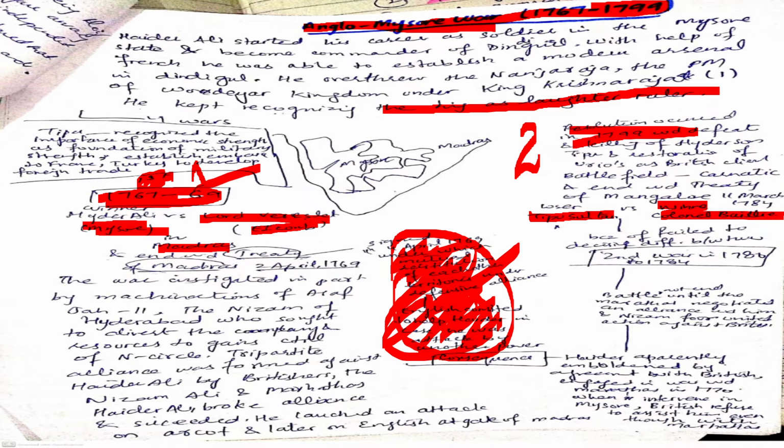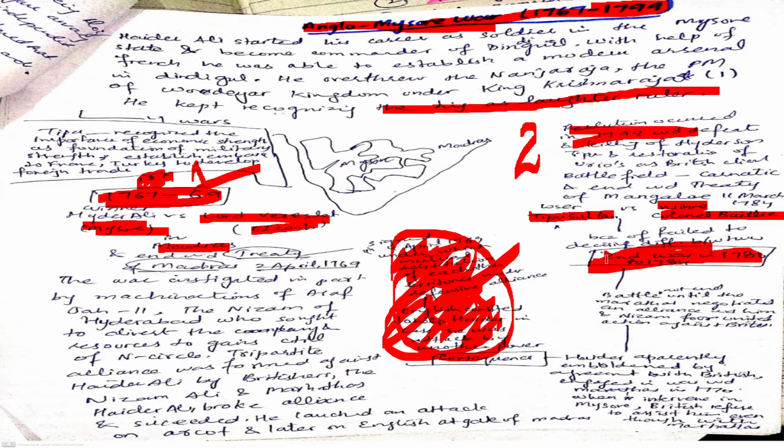The second war happened in 1780 to 1784. Tipu negotiated an alliance with the Marathas and the Nizam for united action against the British.